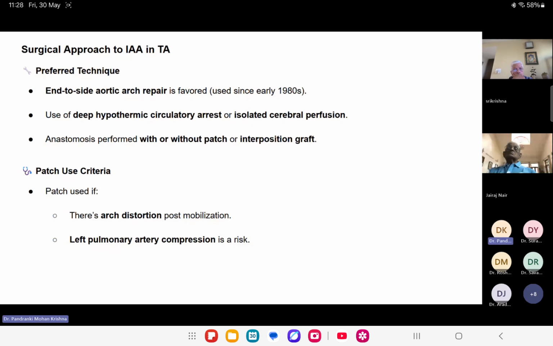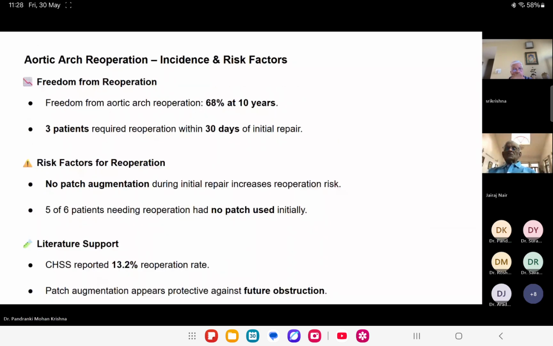The surgical approach for interrupted aortic arch with truncus arteriosus is the same: end-to-side aortic arch repair, using deep hypothermic circulatory arrest with selective perfusion, and anastomosis with or without patch or interposition graft. There is arch distortion post mobilization, and left pulmonary artery compression is a risk.